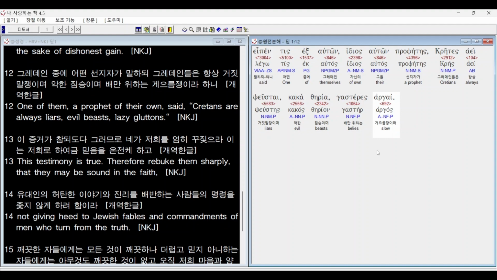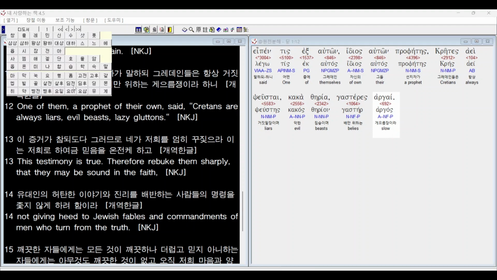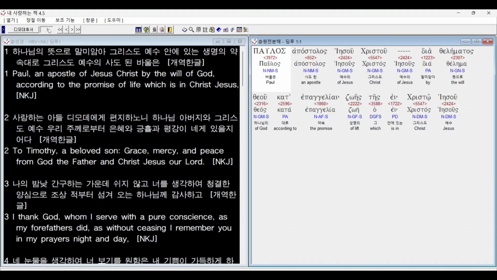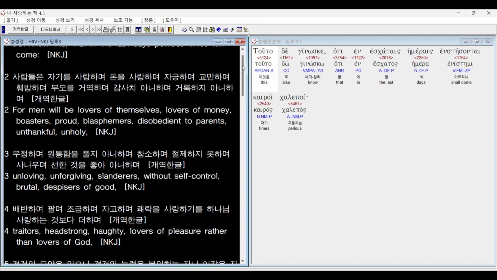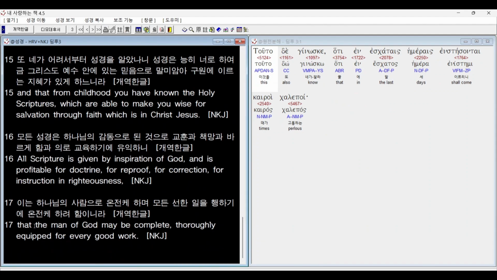And who is the one doing the work of the God? Good work. Man of the God, right? When we go to 2 Timothy 3:17, the man of God may be complete, thoroughly equipped for every good work. But the lion, the evil beast living, is not able to do the God's work, good work, which is the life-giving spirit.